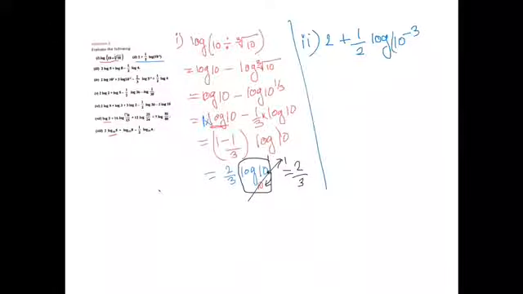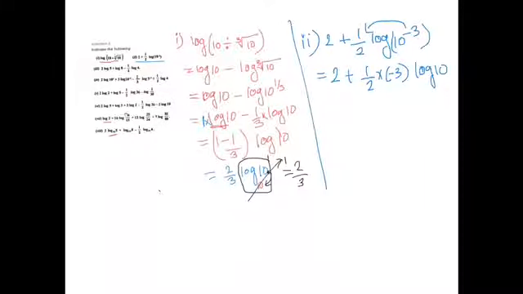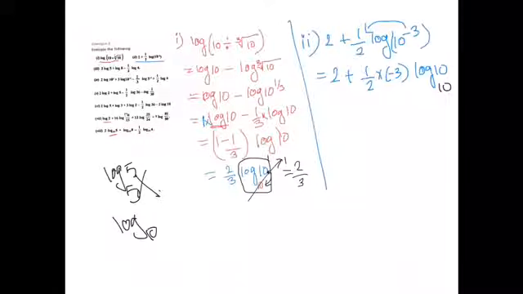So this is within the bracket, which is equal to 2 plus half. I can bring this power out, so I can write it as into minus 3 log 10. Now again, log 10 means what? If there is no base, I can make the base 10. That is only true for 10. I cannot say log 5, nothing is there, let me put 5. No, we can put 10 only, because if nothing is there, it means base 10.